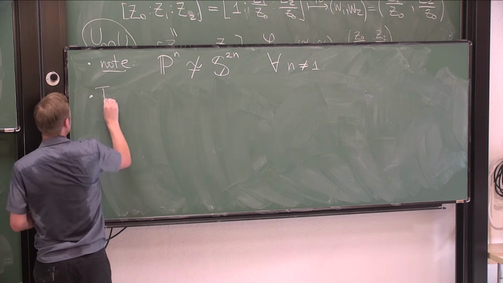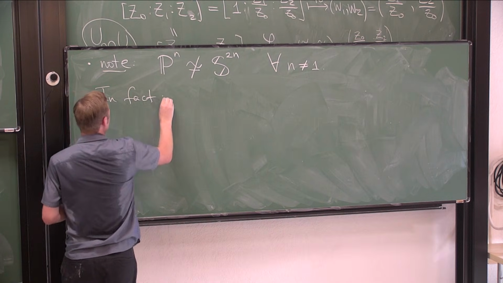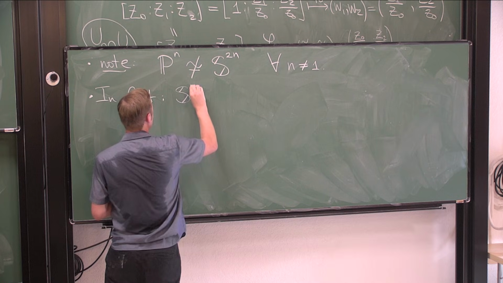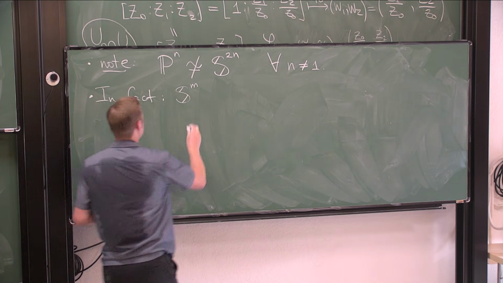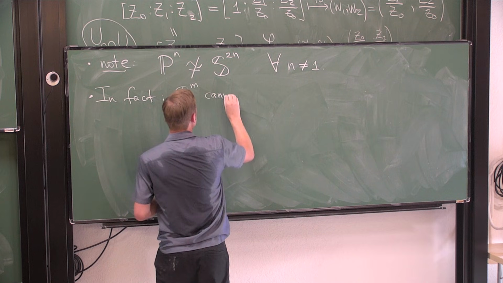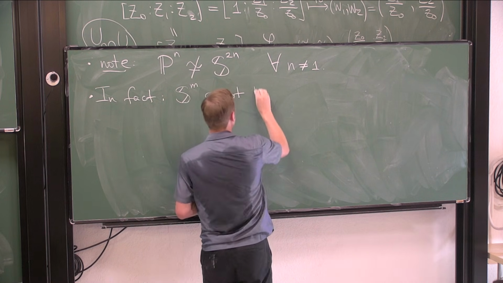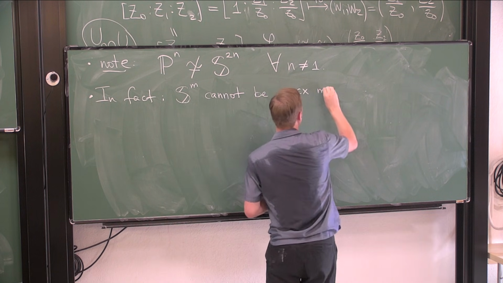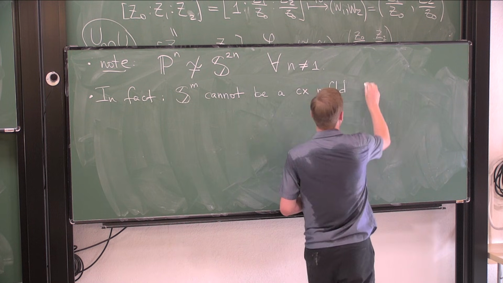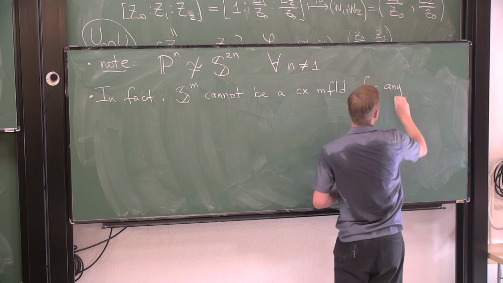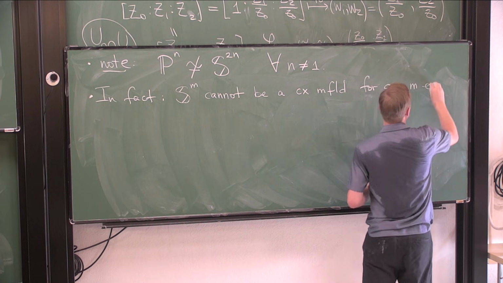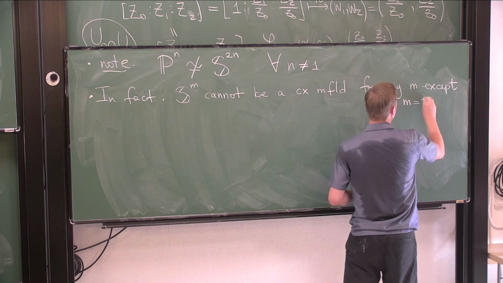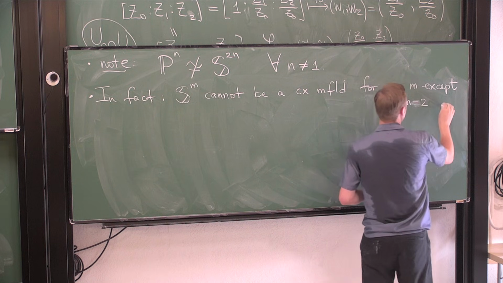So in fact, this is a kind of striking, weird fact. If I look at the m-sphere, the fact goes like this. The m-sphere cannot be the underlying real manifold of a complex manifold for any m except, and this is the odd thing, except m equal to 2 and 6.